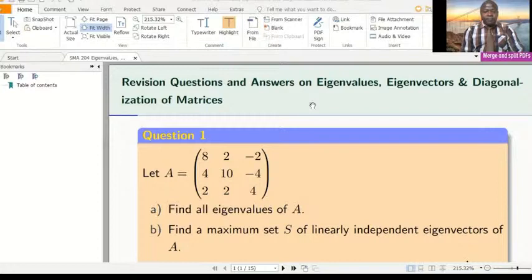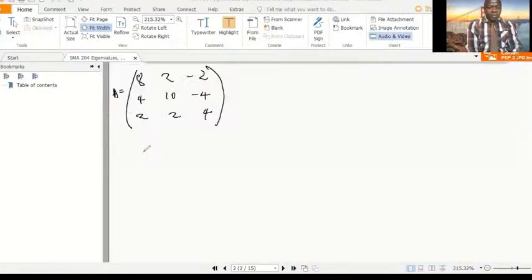Let me just rewrite my A. My A was 8, 2, -2, then 4, 10, -4, and finally 2, 2, 4. This was my matrix A. Now I want to get the characteristic polynomial.